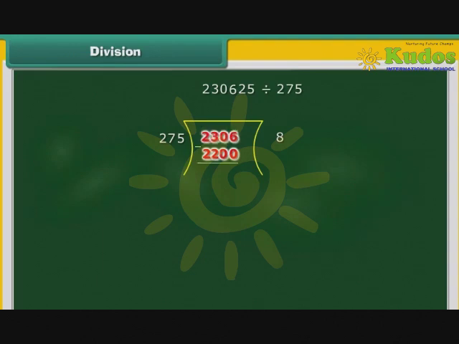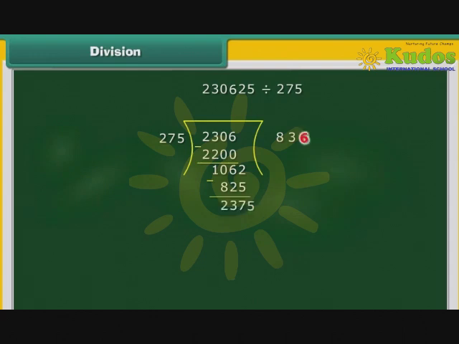Subtract and write the difference 106 below. Bring 2 down. The new number formed is 1062. It holds 3 times 275, that is 825. Subtract and write the difference 237 below. Bring 5 down. The new number formed is 2375.